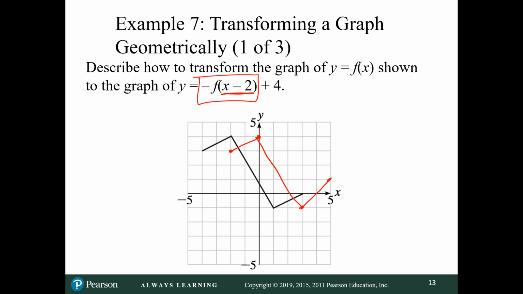What's the negative on the outside do? Flips over the x-axis. So up 4, we're down 4. And then the plus 4 moves it up 4.